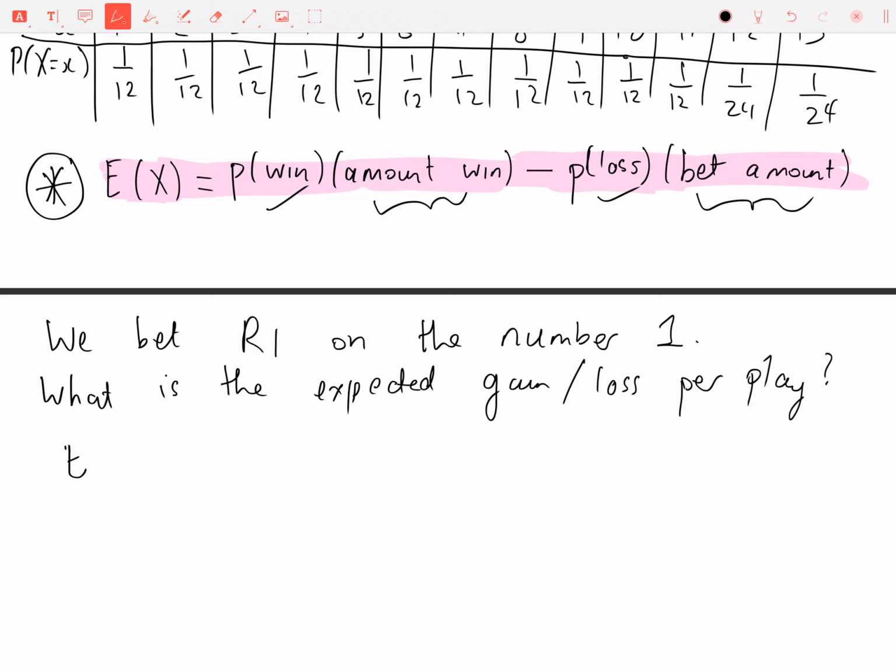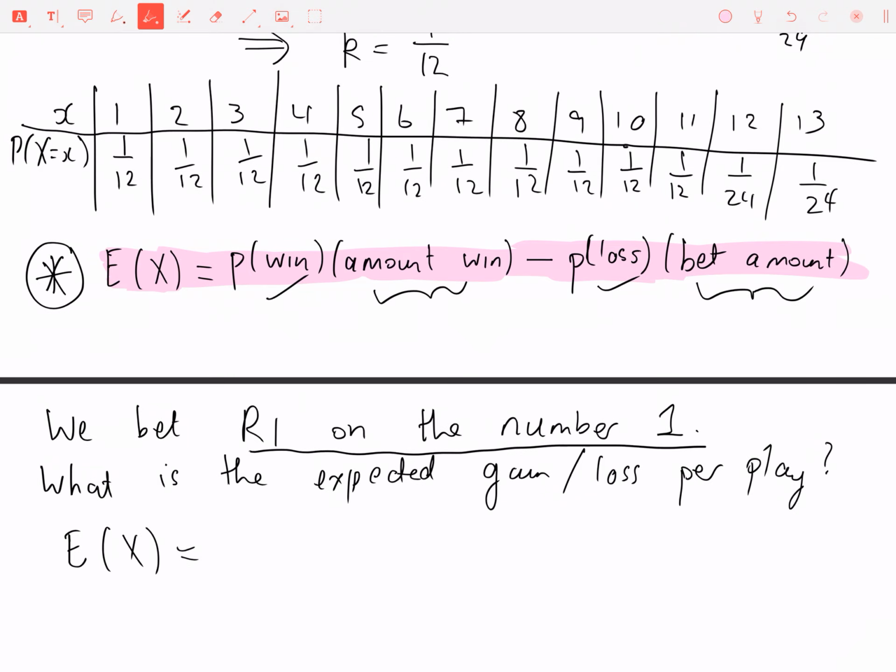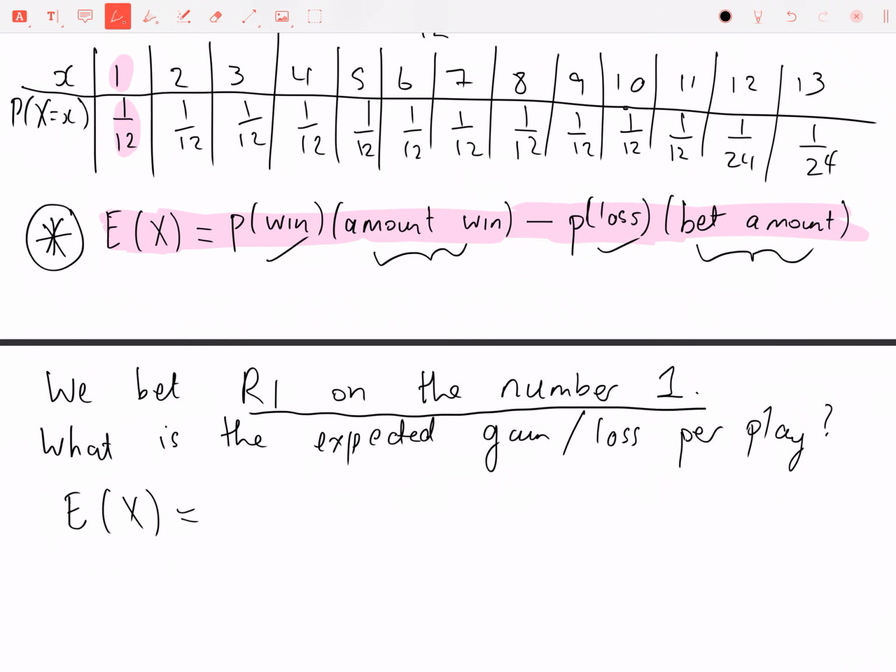So we need to say, what is the probability of winning? If you bet on the number 1, what chance do we have for the number 1? Well, there's a 1/12th chance of winning. How much do we win? This information was given as well. If you win, you get 11 rand, and this is applicable for the numbers 1 to 12.